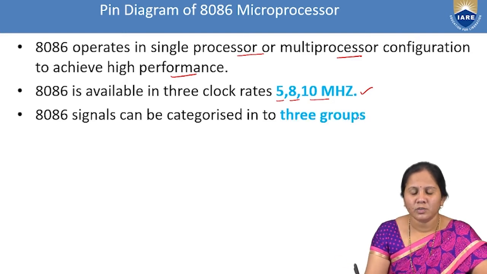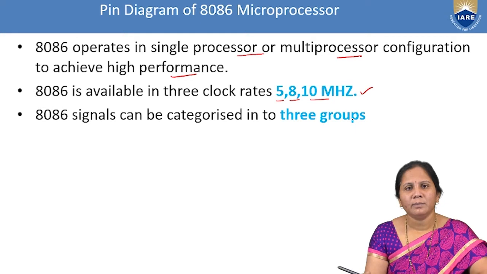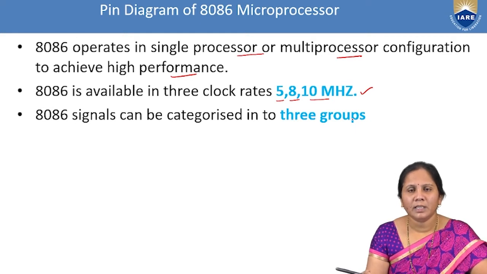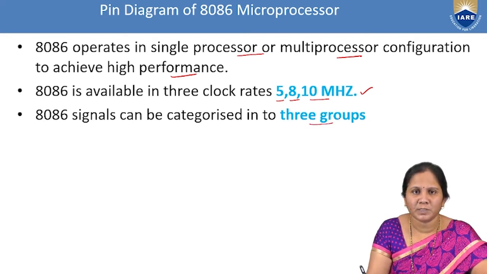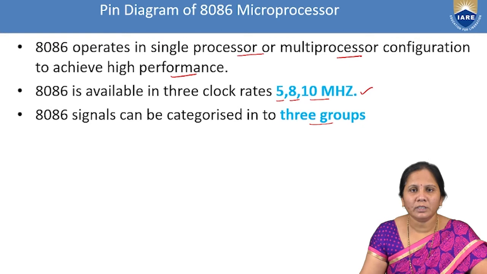And so coming to the pins available in the 8086 microprocessor, totally 40 pins are available. All the 40 pins, which are arranged in a dual inline package, can be classified into three groups. Okay, what are the three groups?